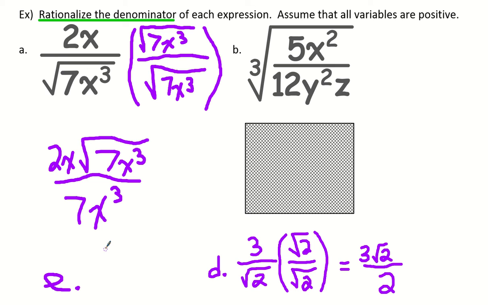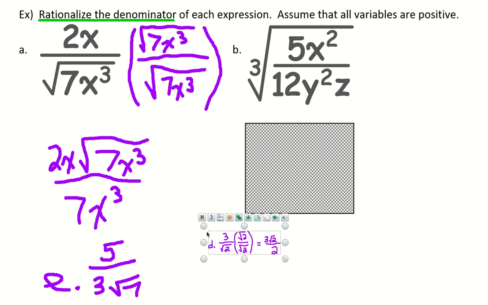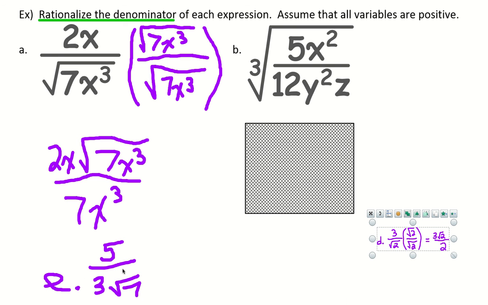Example E, what if it was like 5 over 3 root 7? Okay, so let's get this out of the way. Just real quick, could you multiply top and bottom by 3 root 7? Yeah, but you don't really have to.